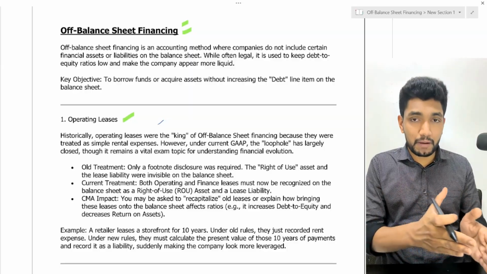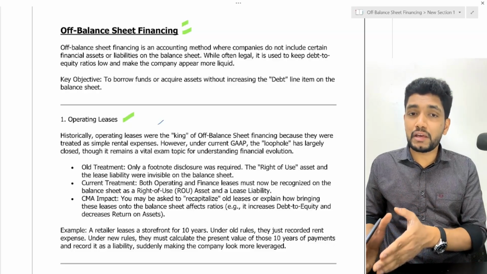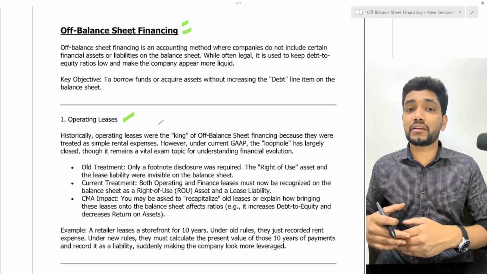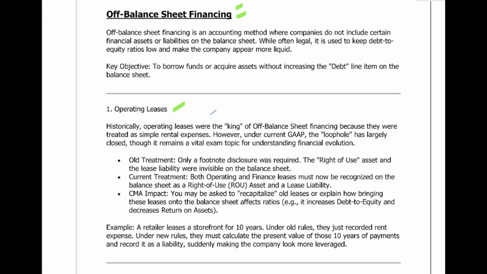Just assume you are comparing one company with an operating lease and another company that purchased that asset. They can have different results, because one company is using operating lease as a method to finance that asset or to use that machine, but the other company directly purchased that asset.